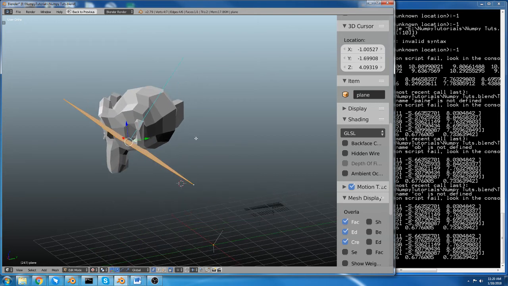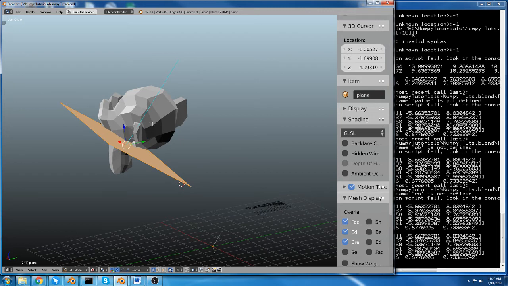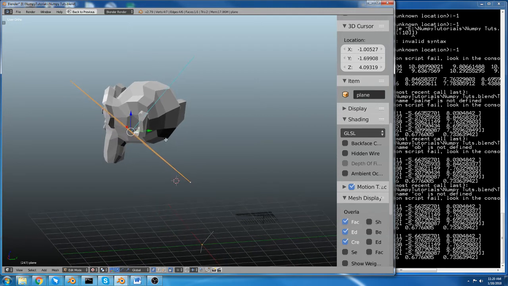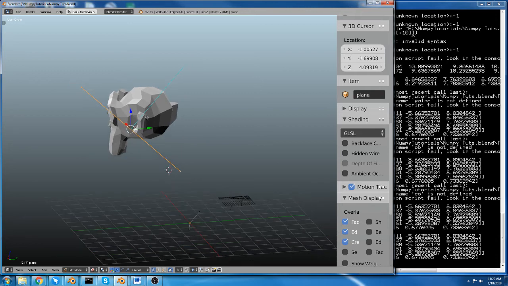So let me think about this for a second. Basically what we can do is any one of these points that's on the infinite plane can serve as an origin.